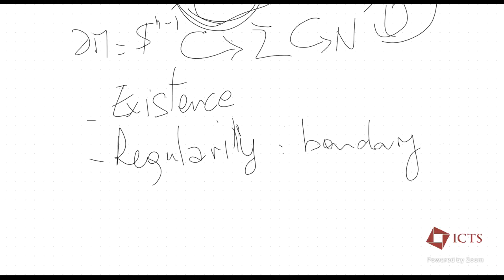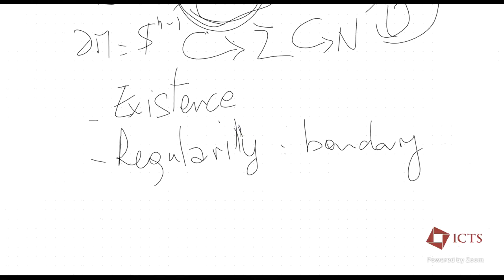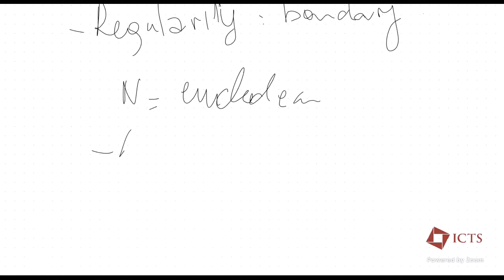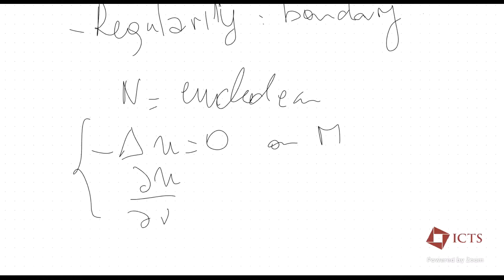What I tried to describe last time is that, taking N to be Euclidean, your problem boils down to something of this type, where du/dnu would be orthogonal to Sigma, and think about Sigma as a sphere.